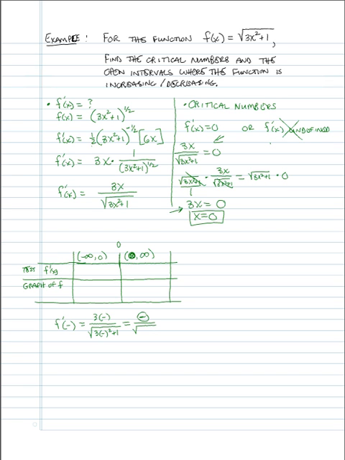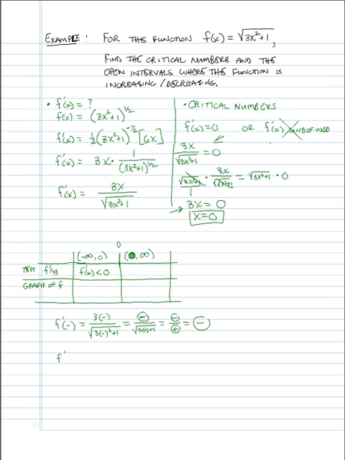But on bottom, we have the square root of 3 times a negative number squared, which will be a positive number, won't it? So on bottom, we have a positive plus 1, square root of. On bottom, we will end up having a positive number. So the fraction's negative divided by positive, and that's just going to be negative, isn't it? So without even testing a number, I'm deciding that the derivative is negative in this interval.